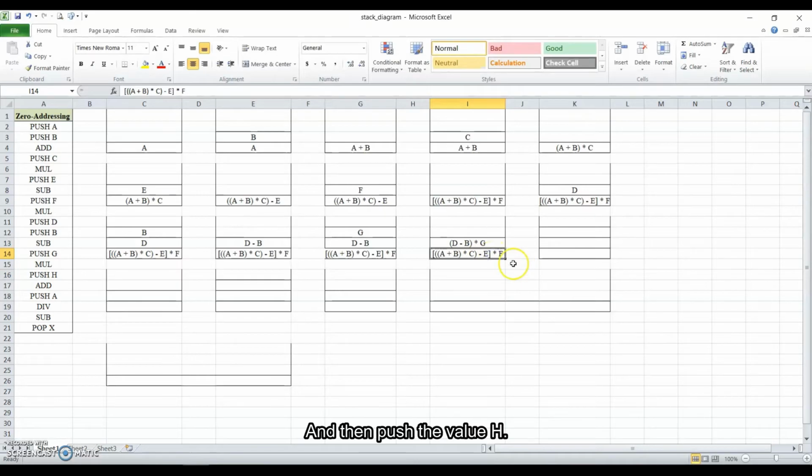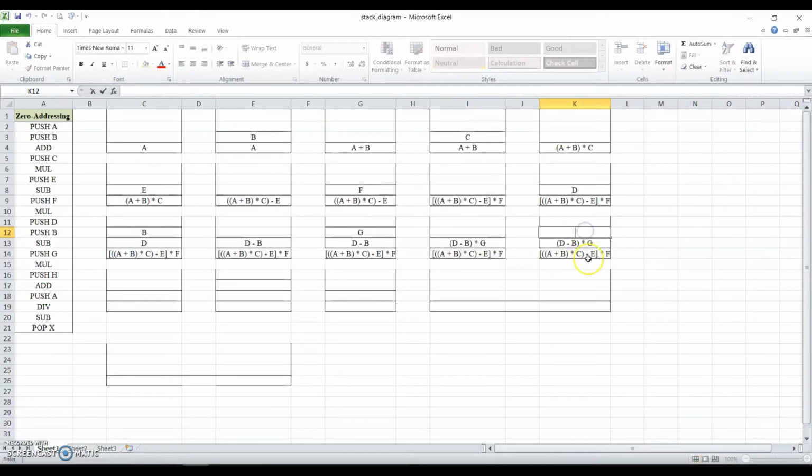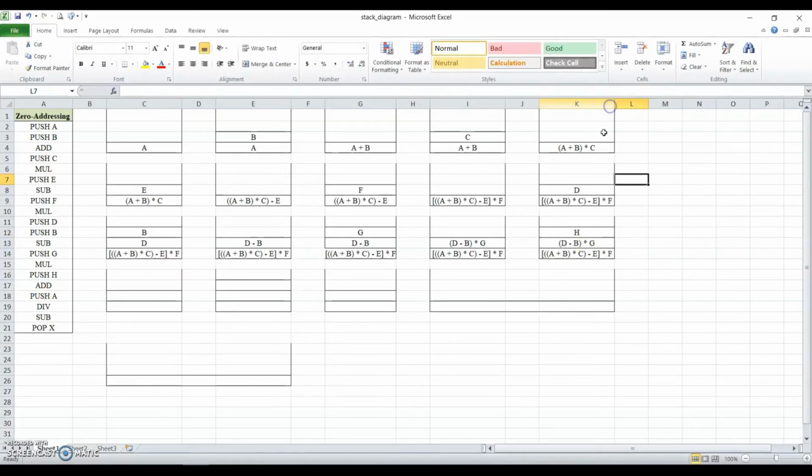And then push the value H, and then we add.